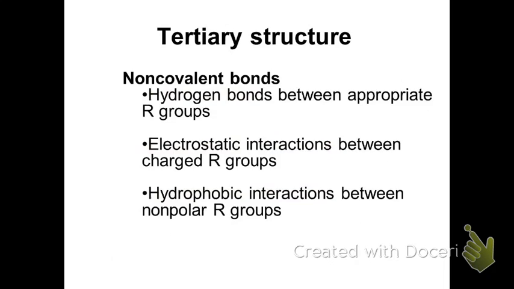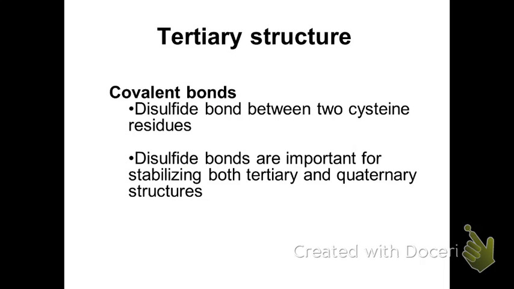Okay, so now another bond that you need to be familiar with. The most important one is the disulfide bond between two cysteine residues, or two cysteine amino acids.